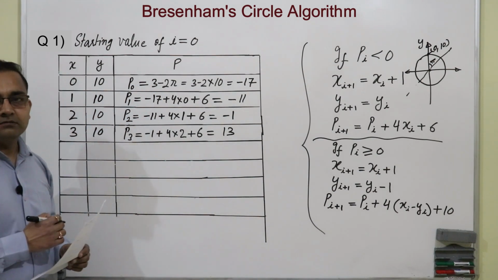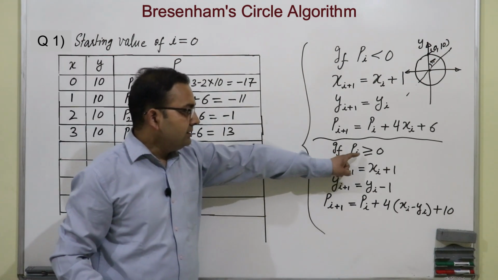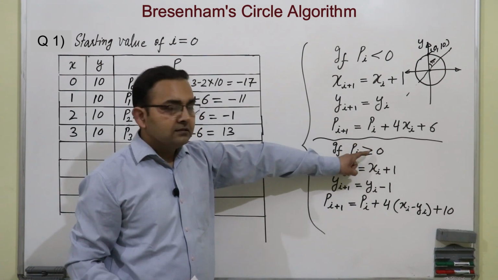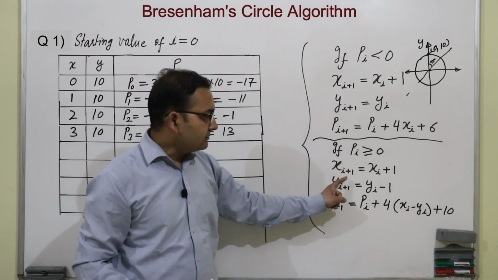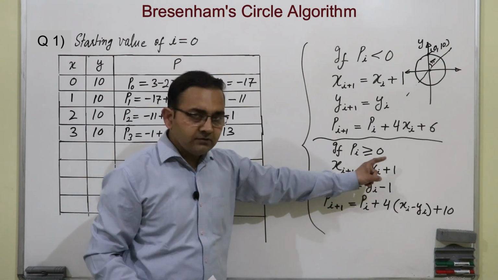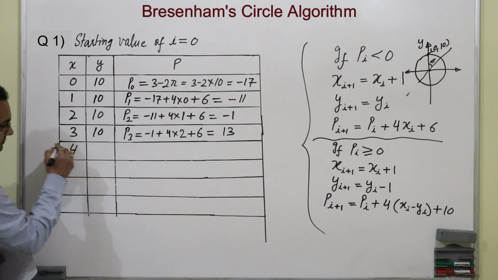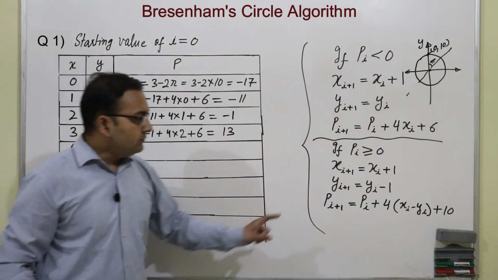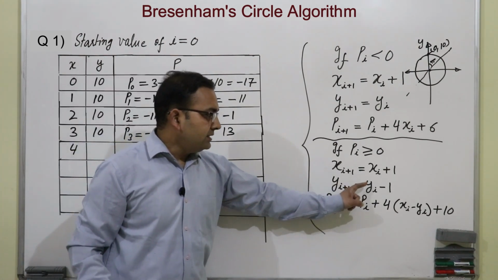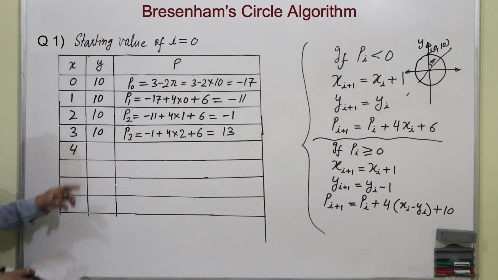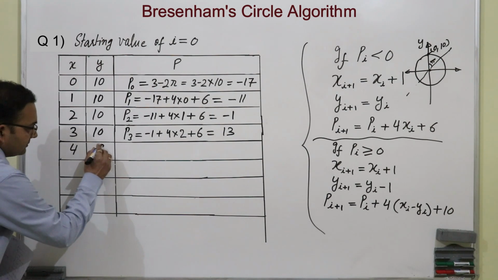Now, it is positive. Pi is positive, greater than or equal to 0. If Pi is positive, then xi plus 1 equal to xi plus 1, so it will be 4, and yi plus 1 equal to yi minus 1. yi is 10, so it will be 9.